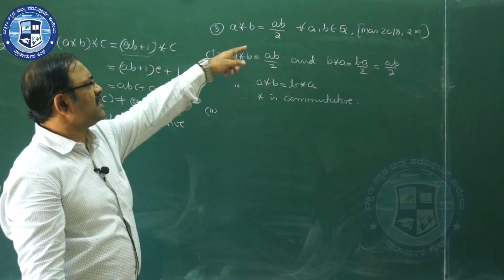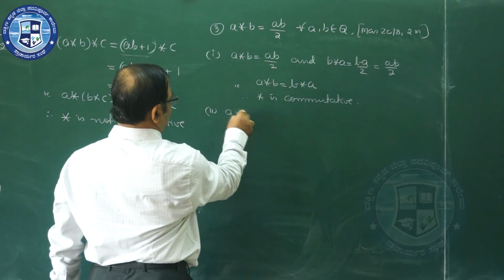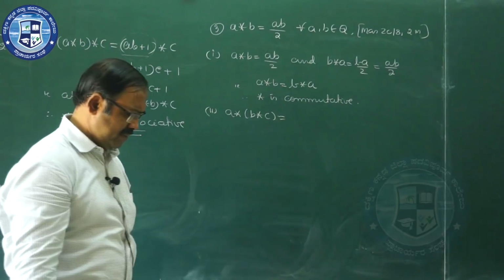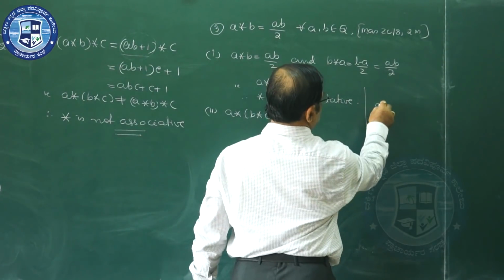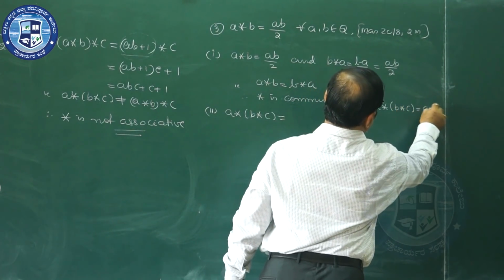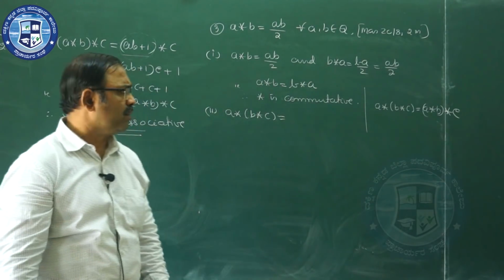Okay? This is just for your understanding, to verify whether it is commutative or not. But in the exam they have asked associative. Now let us write: associative means first we find A star B star C. We know this: A star B star C equal to A star B star C. That is associative, correct?